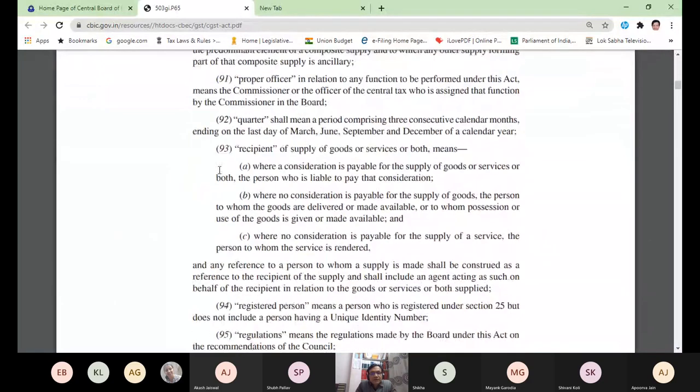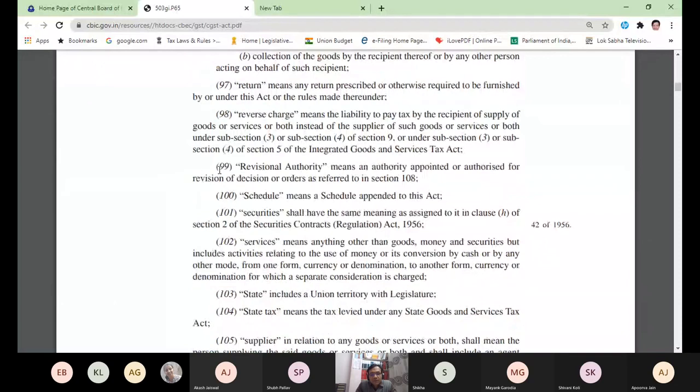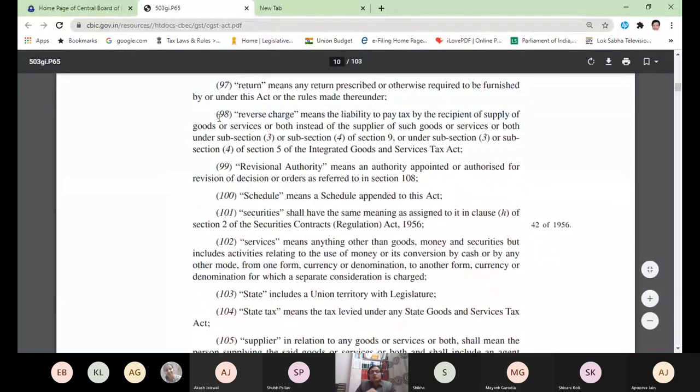I will tell you so many relevant definitions now. This is reverse charge, defined in section 2 clause 98.